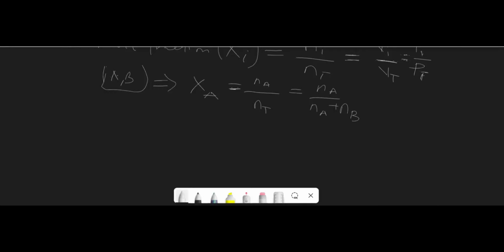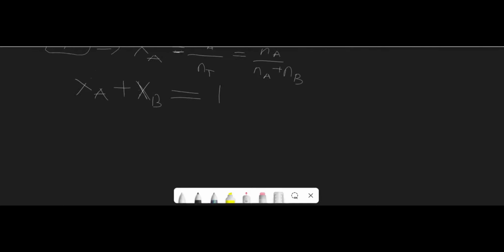Let's say you have the mole fraction of A plus the mole fraction of B is always equal to unity. When we say it's equal to unity, it means it's equal to 1.